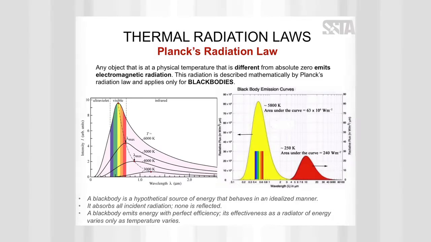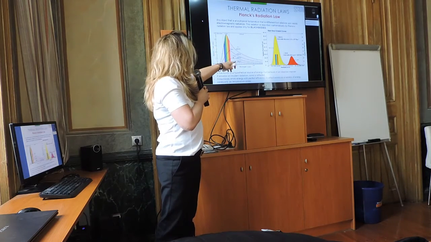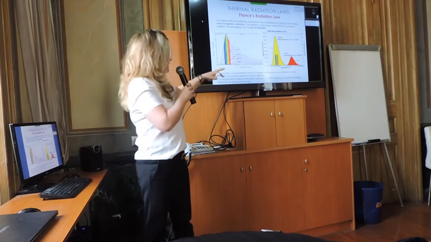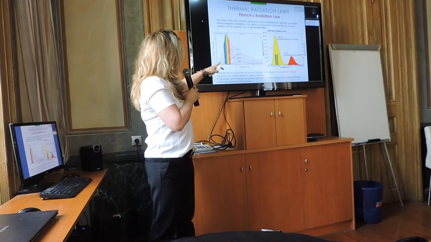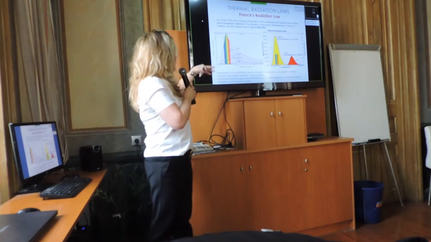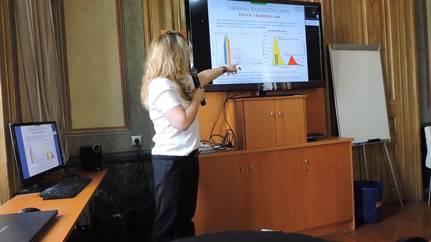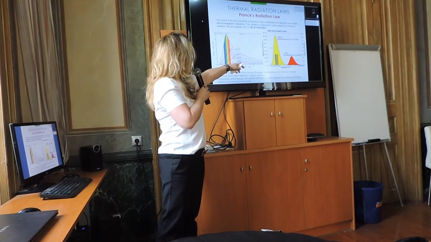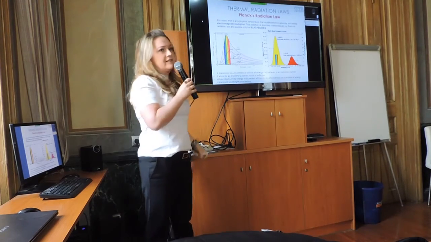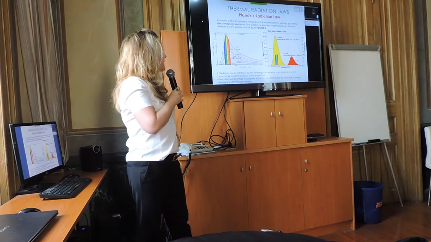As this temperature goes up, as this temperature increases, then firstly you have more radiation, and this is something quite important. So the integral under the curve is actually increased, it's actually higher. So you have more radiation, and also you can see that the maximum moves to a different wavelength. So this we're going to see in a different slide.